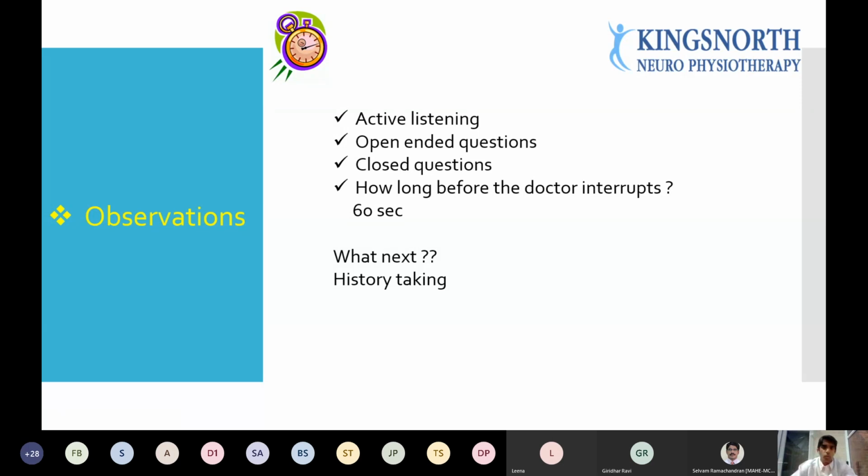There are core clinical skills which would enable us to take the consultation. I try to be as professional as possible.